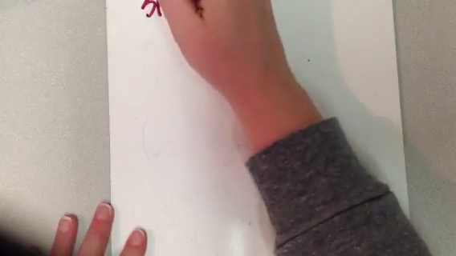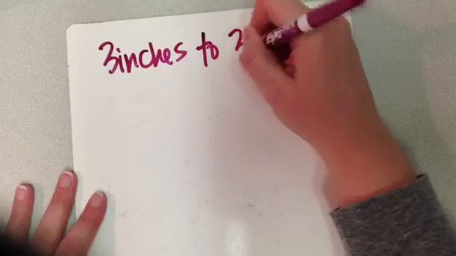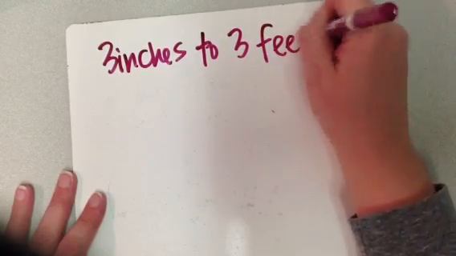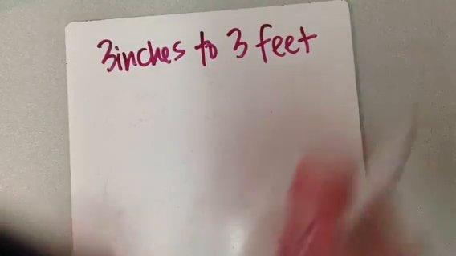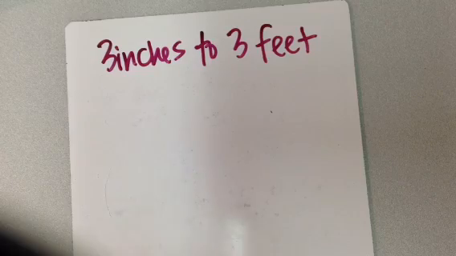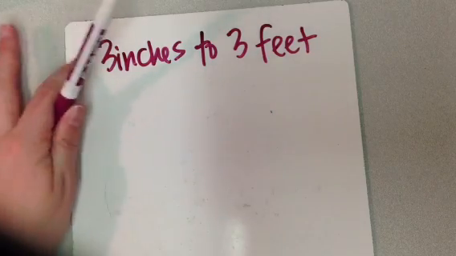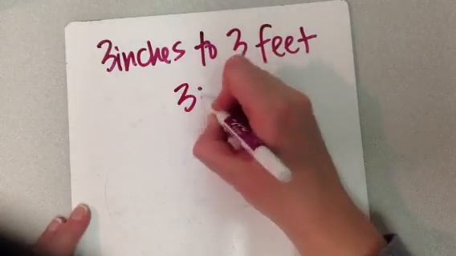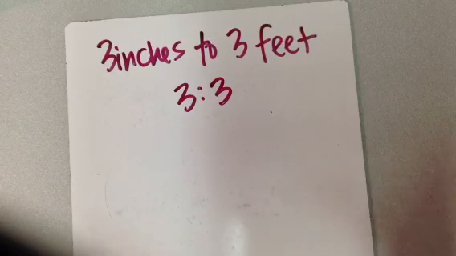And this example involves measurement, okay? Say I want to compare 3 inches, oh, let me get it on the screen there, to 3 feet, right? So, again, at this point, it looks like, oh, I should be able to write 3 to 3, right?